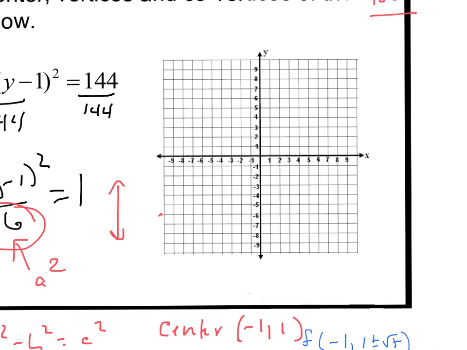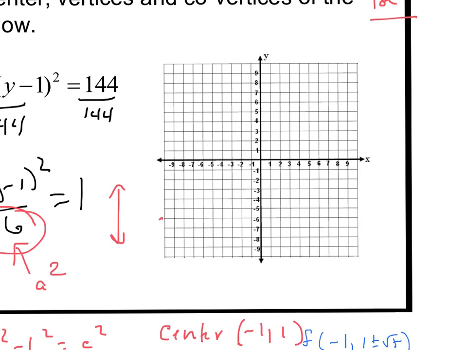And so I'm going to plot the center first, which is negative 1, 1. So I plot that first, and then I'm going to plot my vertices, which are negative 1, 5, and negative 1, negative 3. So these are the vertices. I'm going to graph the co-vertices, which are negative 4, 1, and 2, 1. And then I'll put the foci in a different color, negative 1, 1 plus or minus root 5.